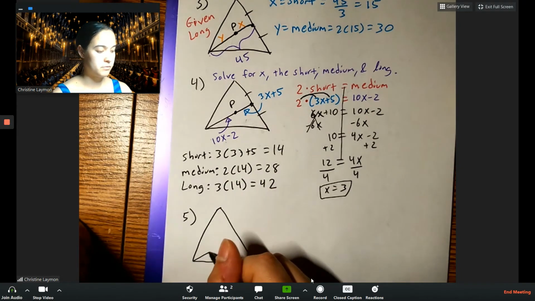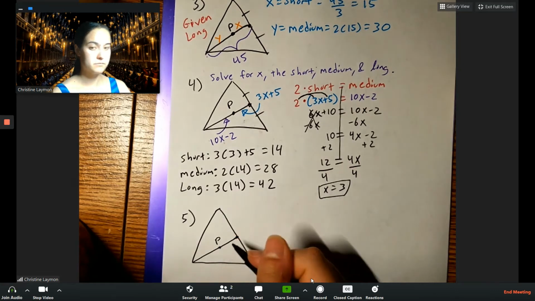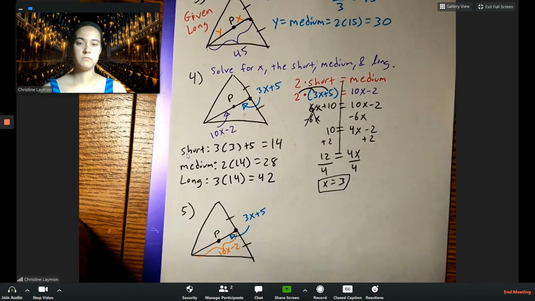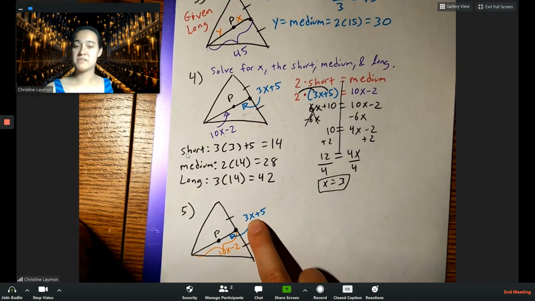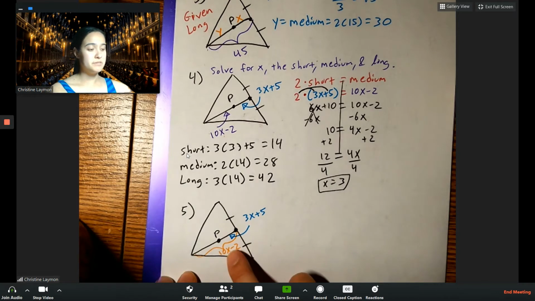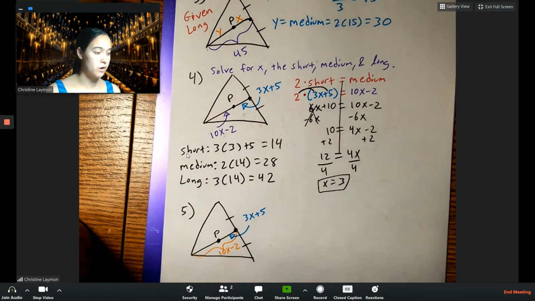Okay, let's go across here. Here's my P. Okay, so here's your next question using the same rules. My short, I've kept it to still be 3x plus 5, but this time 10x minus 2 is my long all the way across.